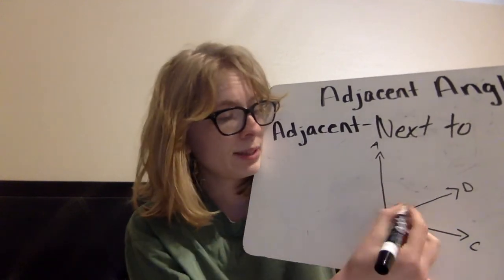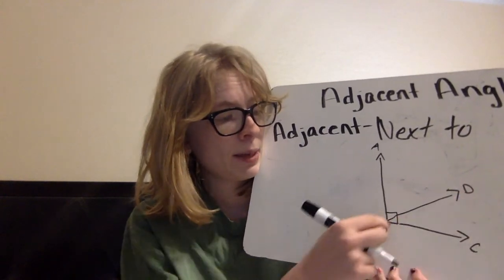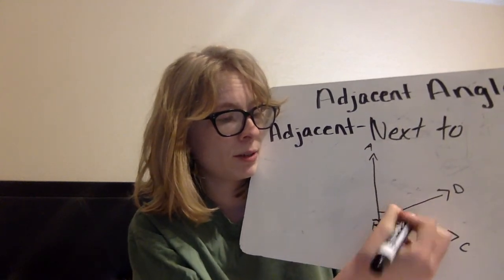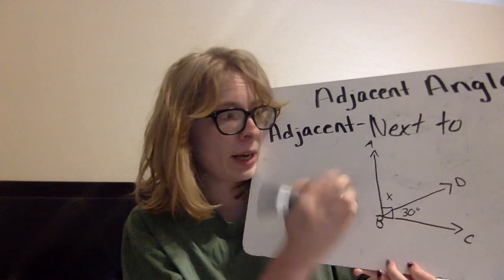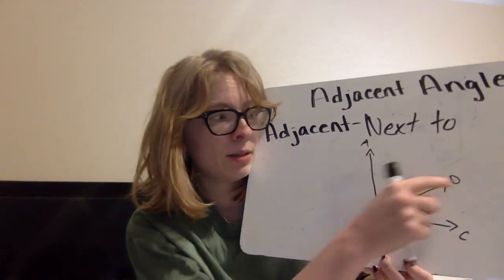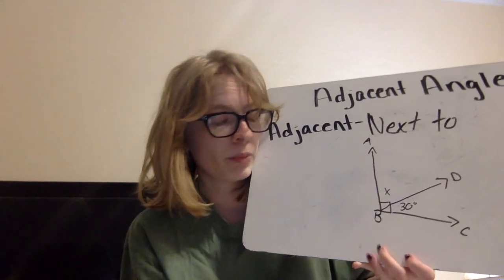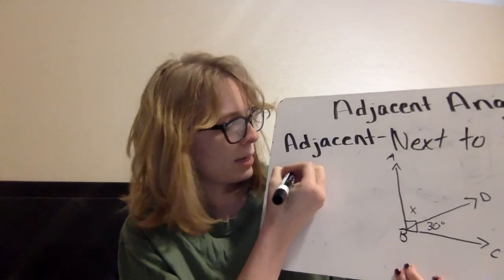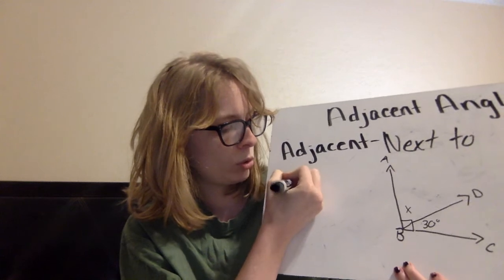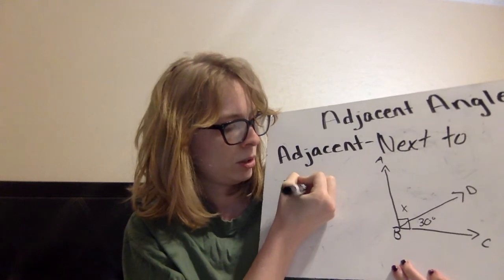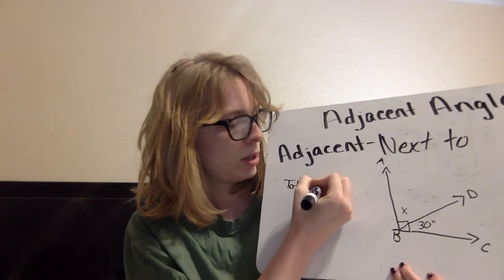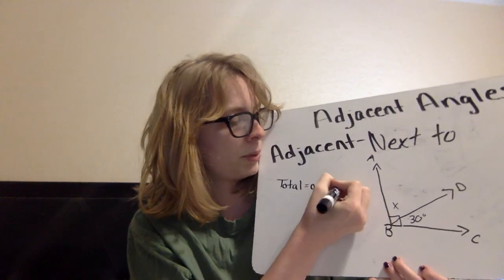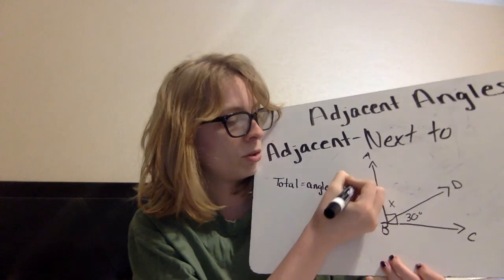So let's say that angle DBC is worth 30 degrees. I want to know what angle ABD is worth. So to do that, I know that my angles total equals angle 1 plus angle 2.